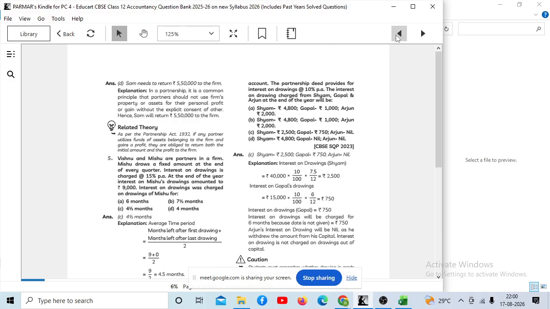Got it? Yes. In a partnership, it is a common principle that partners should not use the firm's property or assets for their personal profit or gain without the explicit consent of others. Hence, Sam will return 5,50,000 to the firm.